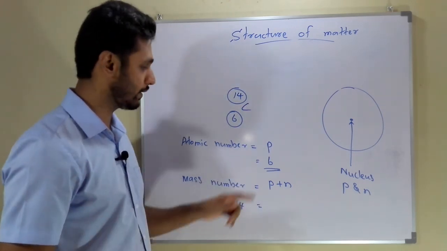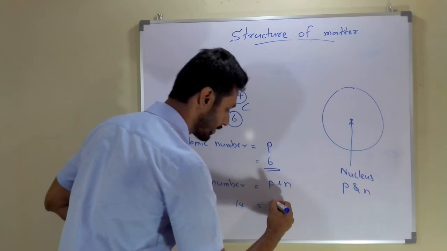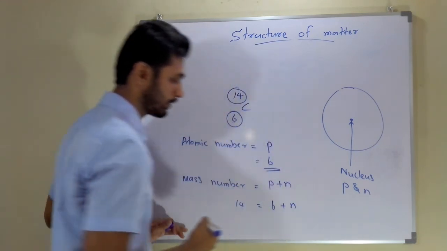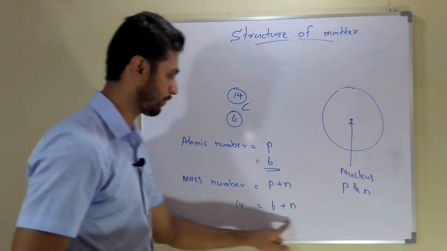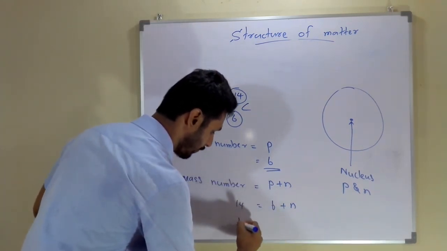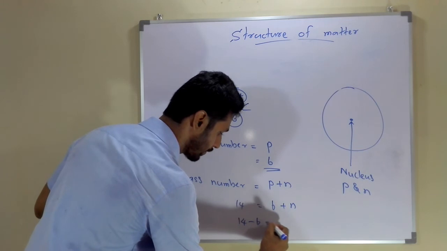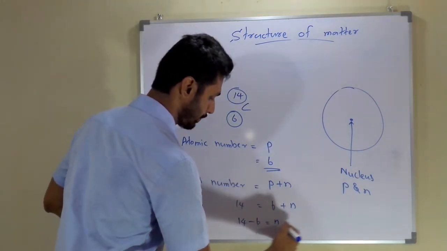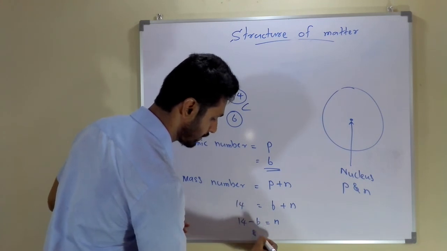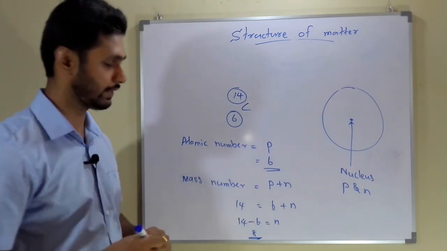We found that there are 6 protons in the carbon atom, and we don't know about the number of neutrons. So you can simplify this formula. Then 14 minus 6 equals n. You can subject n, then it gives the 8 neutrons. That's it.